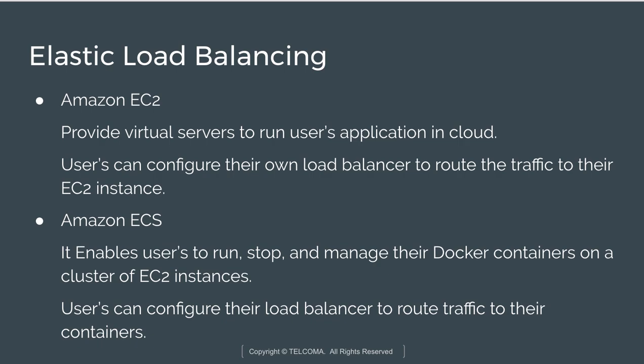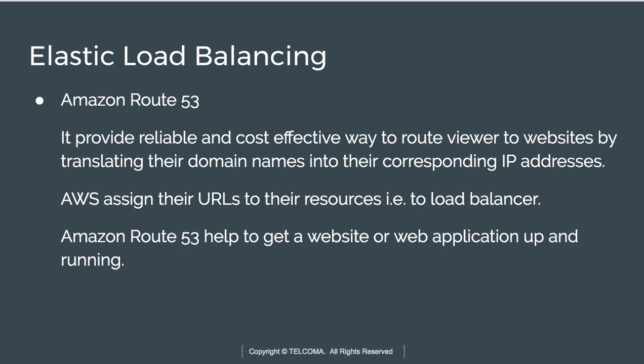ECS, the Container Service, enables users to run, stop, and manage Docker containers on a cluster. Route 53 provides a reliable and cost-effective way to view a website by translating your domain names to IP addresses.